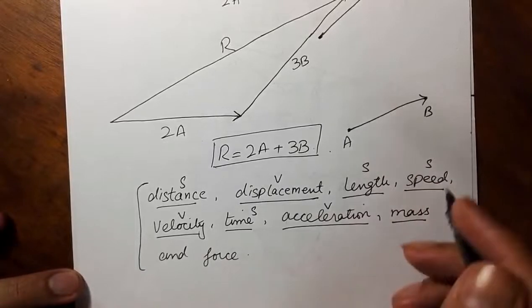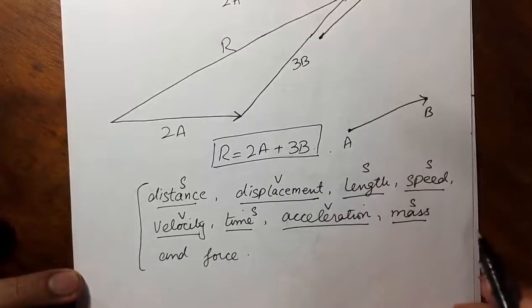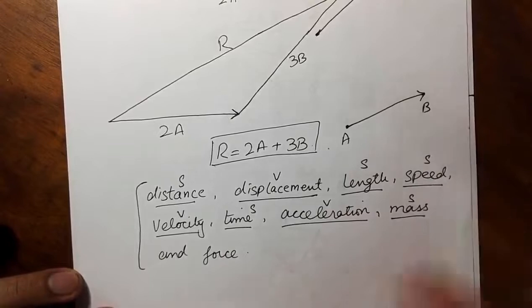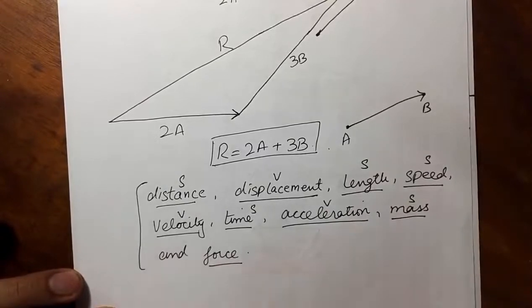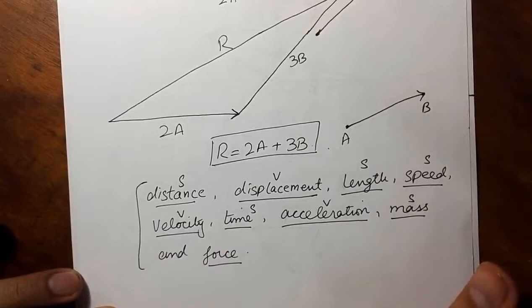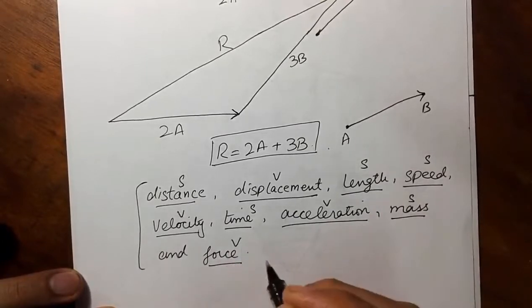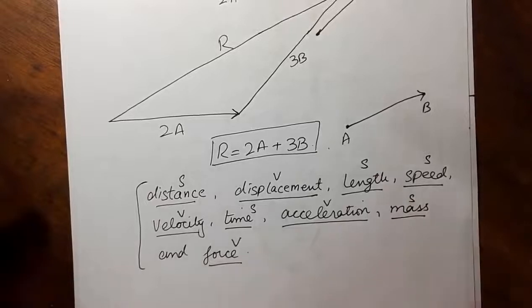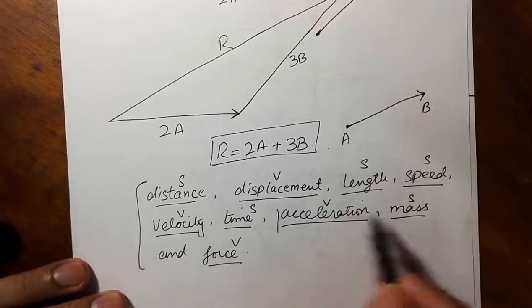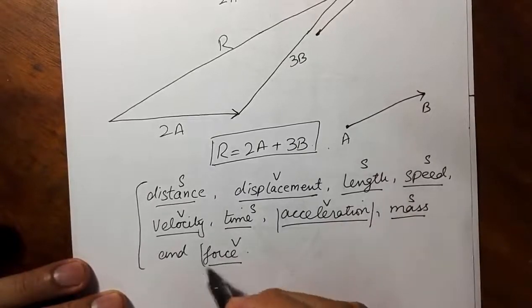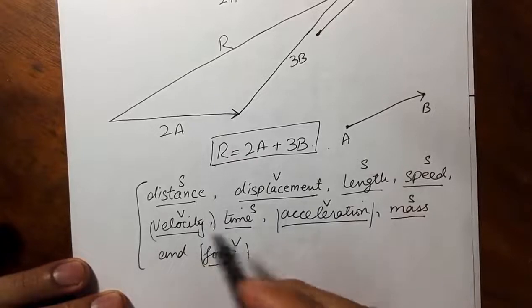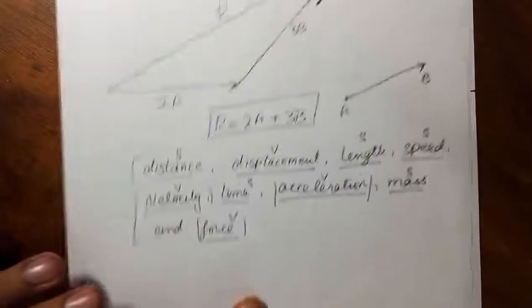So mass is a scalar quantity. Okay, and last but not the least, force is a vector quantity. Now, how I have determined that acceleration is a vector, or force is a vector, or velocity is a vector, I'll tell you in this step now.